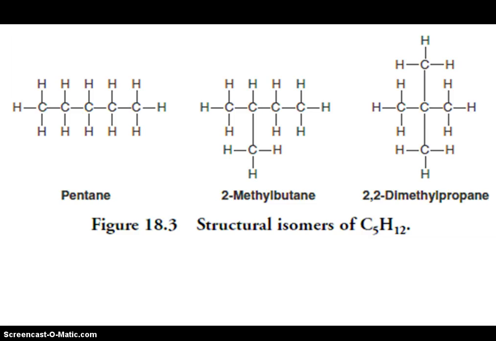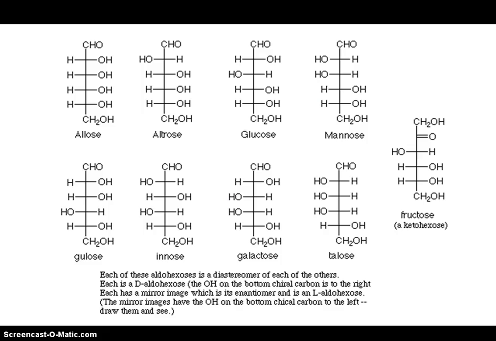So here's an example of structural isomers. All 3 of these compounds have the formula C5H12. You may want to pause the video at this point and count them up to double check. We have linear, branched, and doubly branched, so same formula, different structure. Here's an example of C6H12O6.